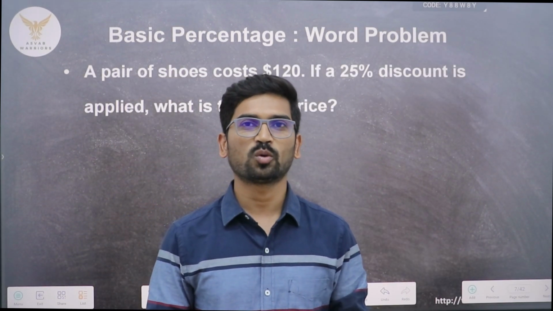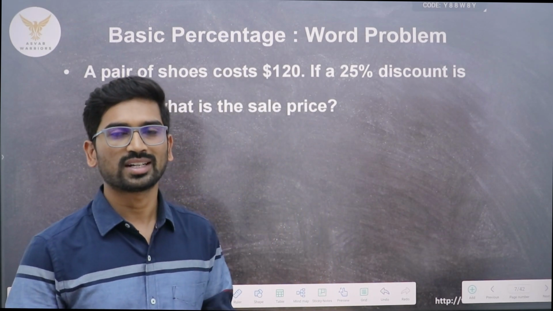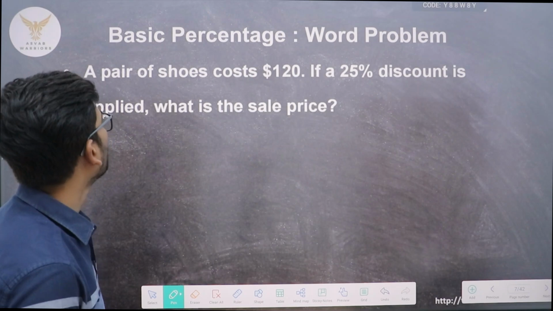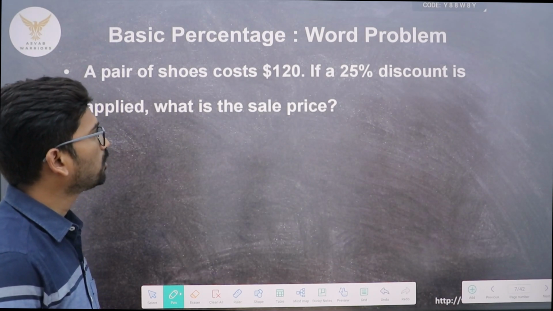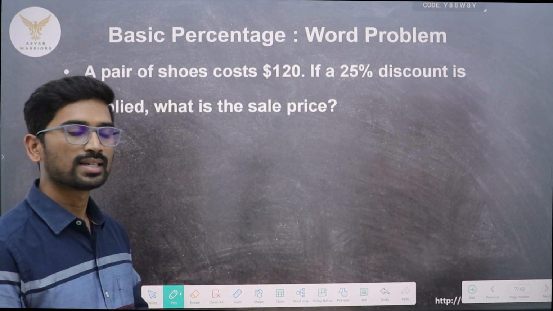Now let us move on to the next question, which is a word problem from simple percentages, and we'll try to solve this word problem. The word problem says a pair of shoes cost $120. If 25% discount is applied, what is the sale price?